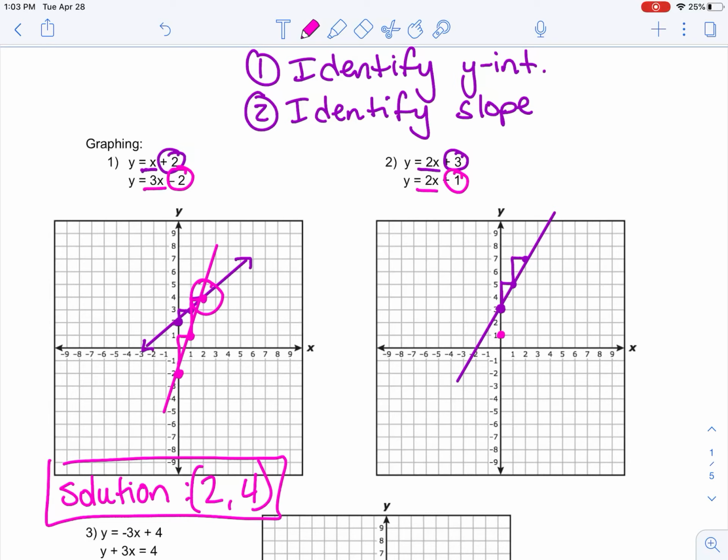Slope of 2, so up 2 over 1, up 2 over 1. Draw your line there. And you should notice that these two lines are parallel, which means there's no solution. They will never cross.